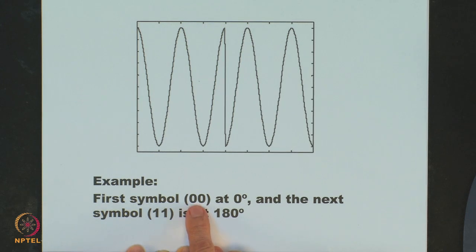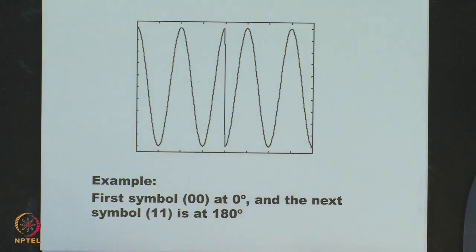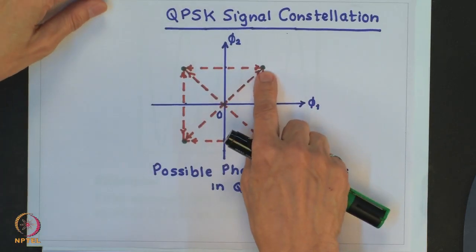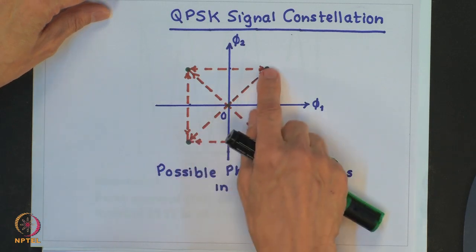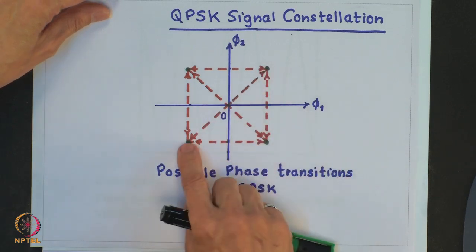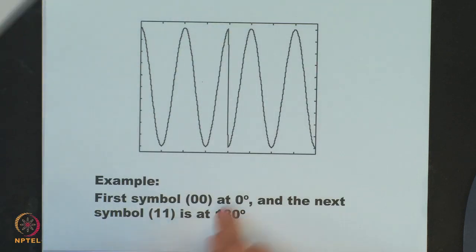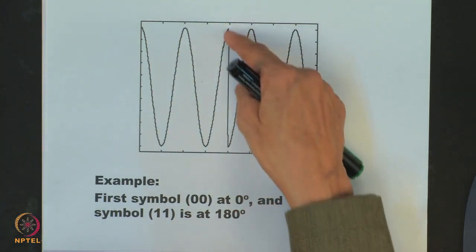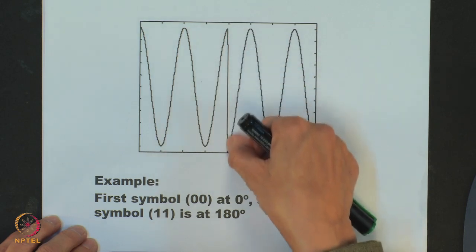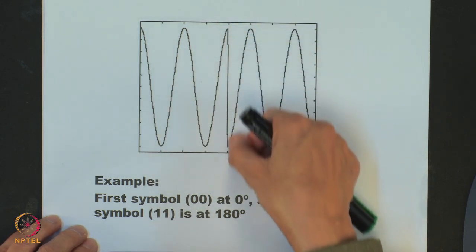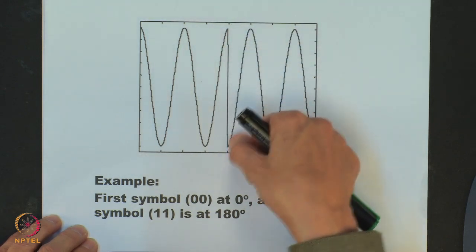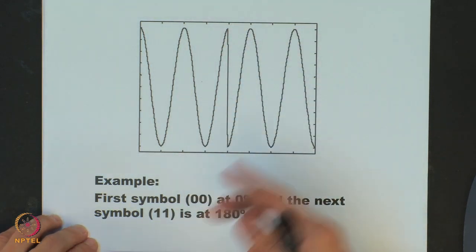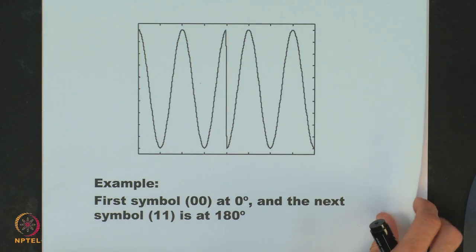Because remember 0 0 would be located at this point in the signal constellation and 1 1 is located at this point. So, when you go from the 0 0 to the 1 1 state, there will be a jump of 180 degrees. You see that jump out here, right? So, there is a discontinuity of the phase, and this discontinuity in the phase gives rise to spurious high frequency, which we want to avoid.